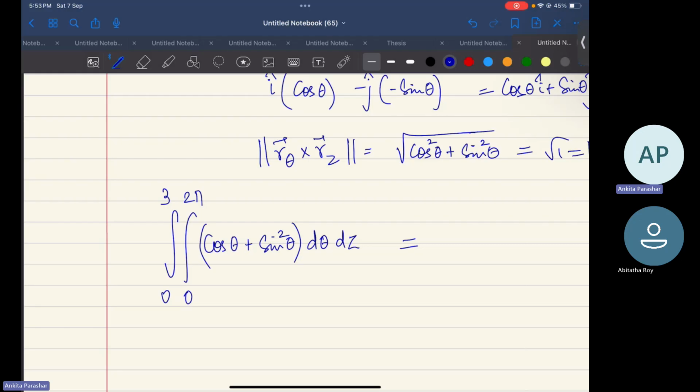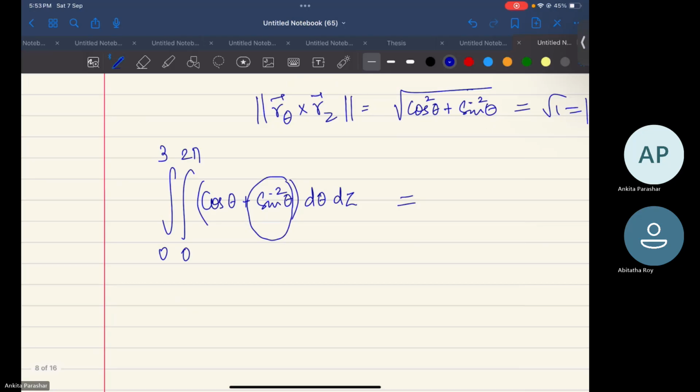I think you have to change this a bit. You have to change it to cos 2 theta. Yeah, you're right. So it will be 1 minus cos 2 theta by 2.